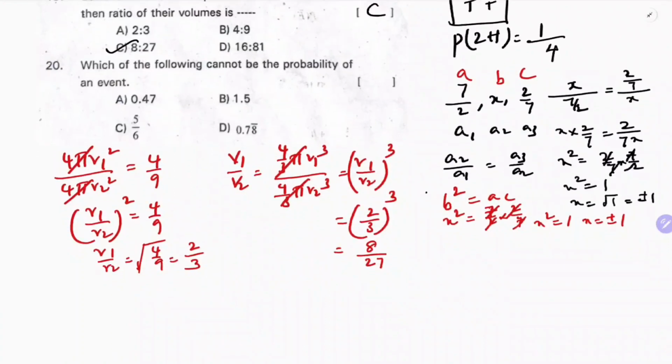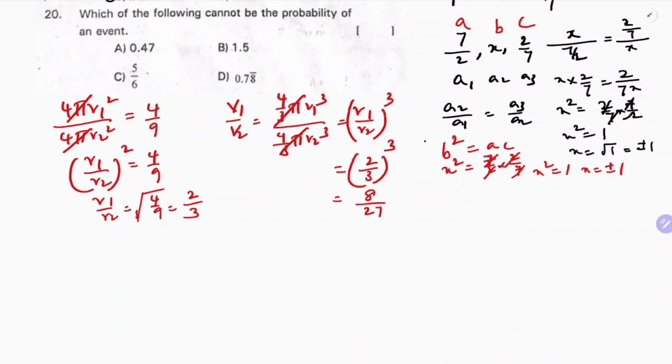Next, which of the following cannot be the probability? See, the probability of an event is number of favorable outcomes by total number of outcomes.